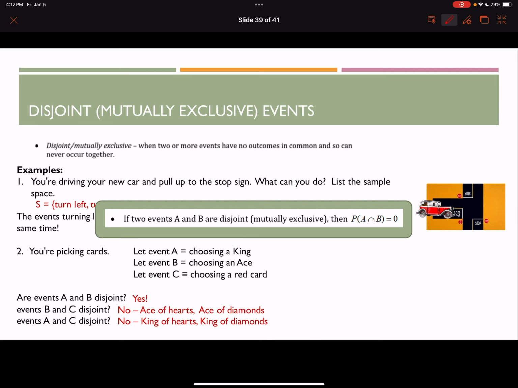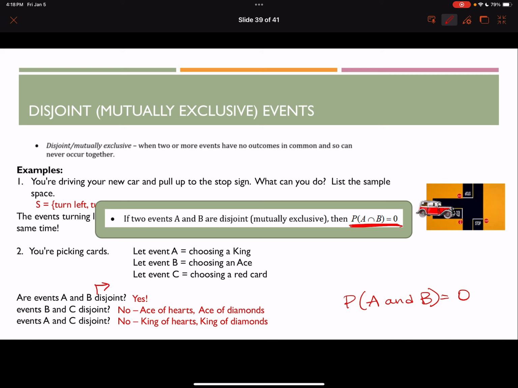Okay, so if two events are disjoint or mutually exclusive, then the probability of A intersect B is 0. In other words, the probability of A and B is 0. So let's think about this question.